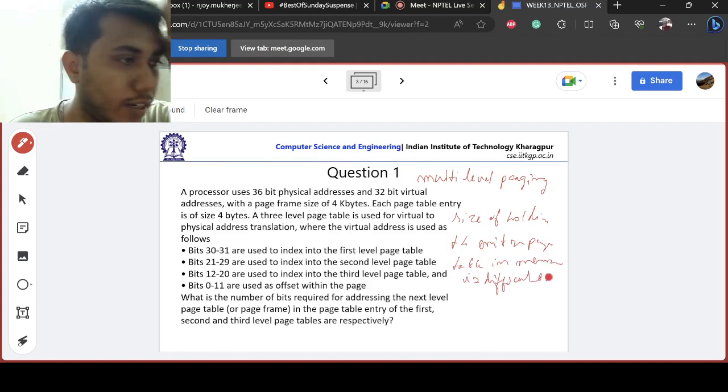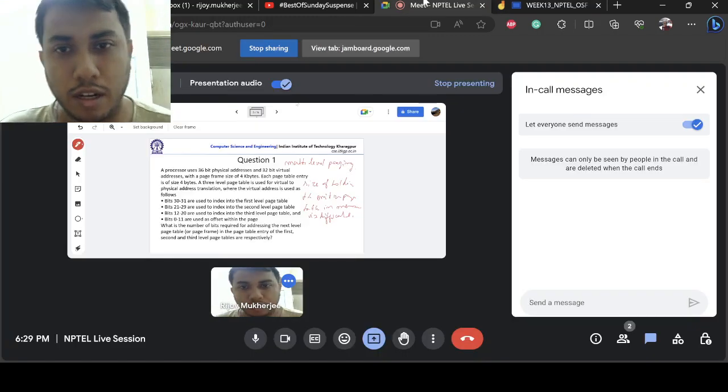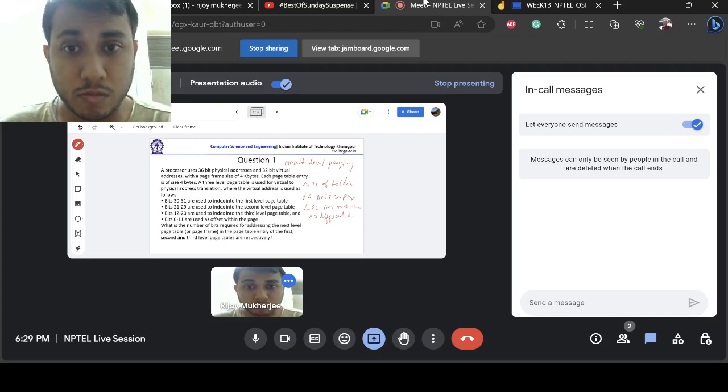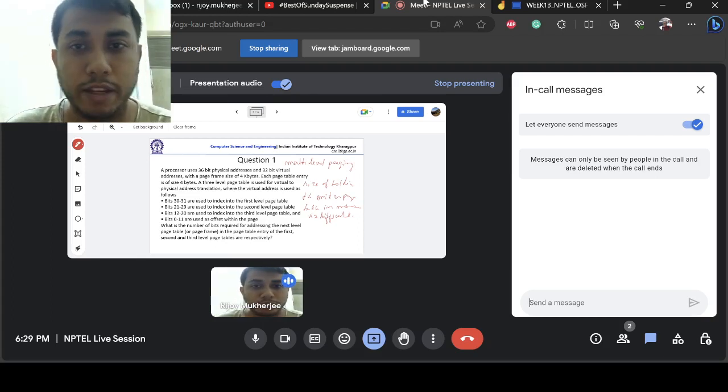We have seen that the virtual size of the memory is always very big. You know that the actual memory is much bigger than your physical addresses. Now storing the entire page table inside the main memory has been found to be very difficult.